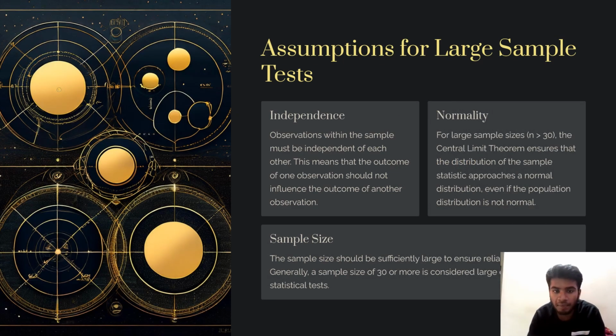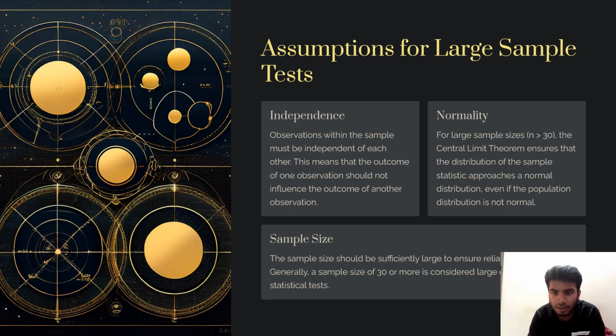Assumptions of large sample tests. So there are three assumptions. Those three are independence, normality, and sample size. Independence. Observations within the sample must be independent of each other. This means that the outcome of one observation should not influence the outcome of another observation. Normality.